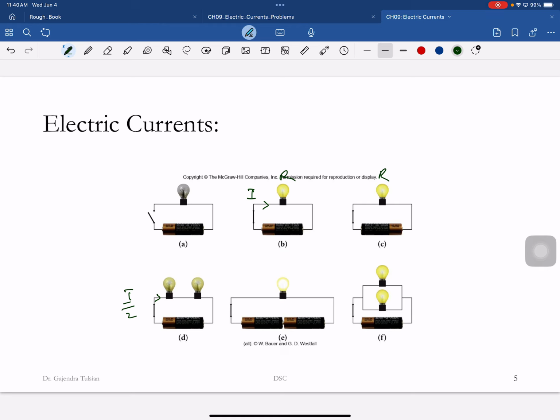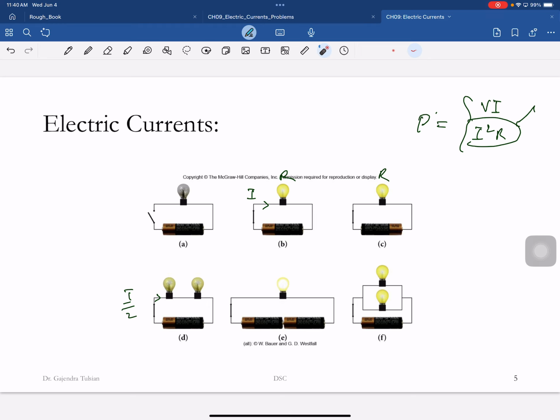And the power dissipated is, as you will learn in a second, power delivered is V times I, or I squared R. So for each bulb, the resistance is the same, the current is halved, so this one is glowing 1/4 times as bright as that.